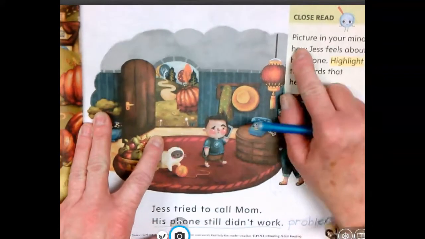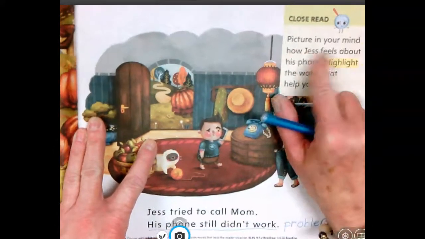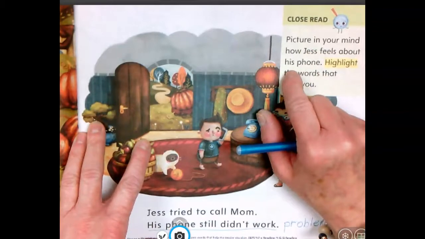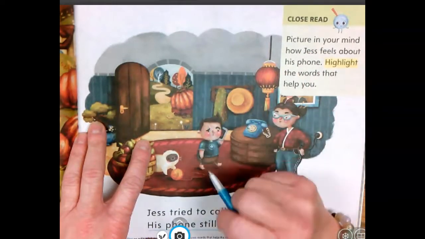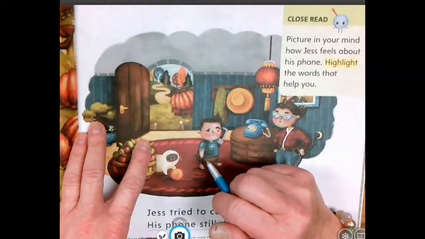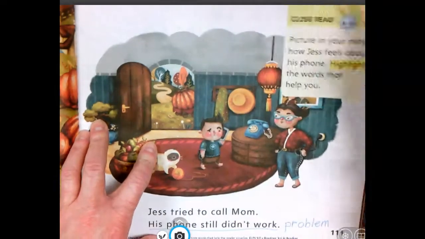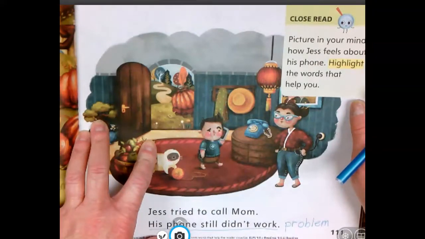Let's look at this activity. Picture in your mind how Jess feels about his phone. Highlight the words that help you. Oh, let's see. How does he feel about his phone?